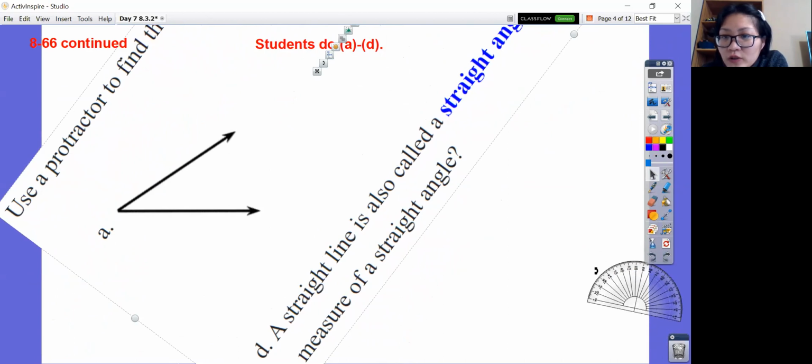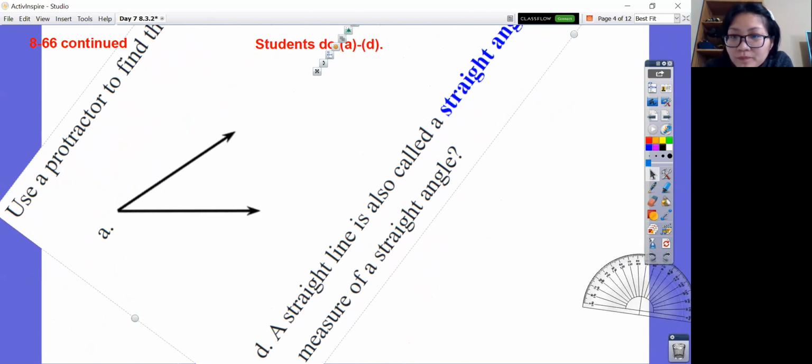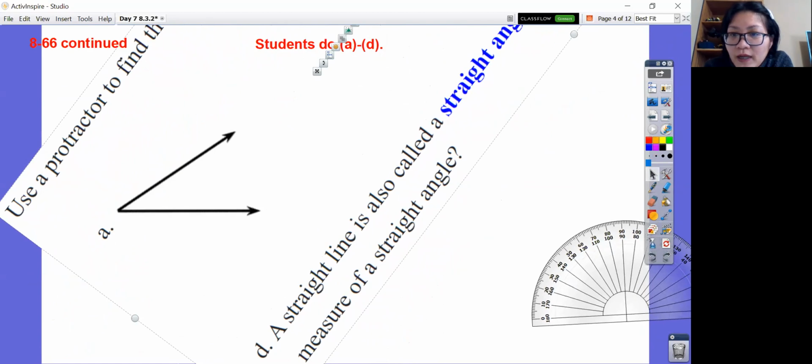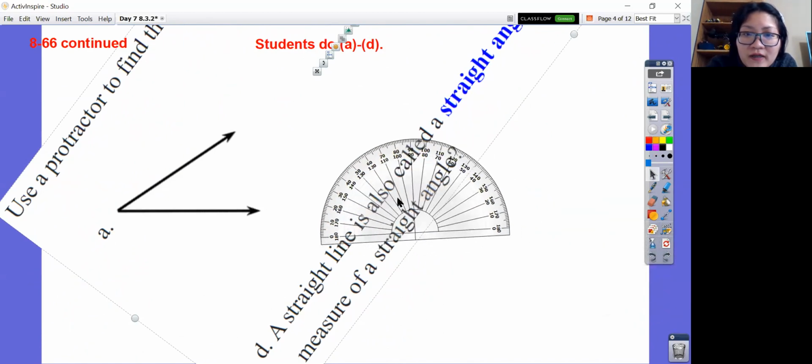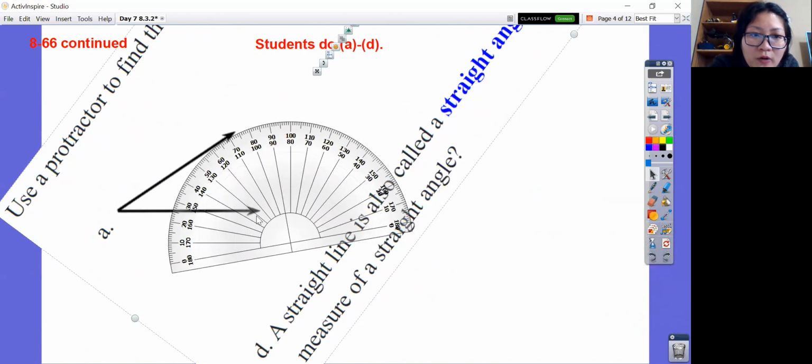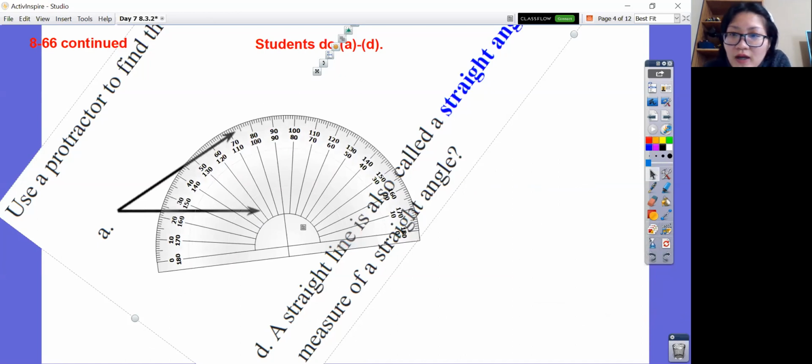Now I am going to use my protractor to find how big my angle is. First, I have to make sure the center of rotation matches my vertex.